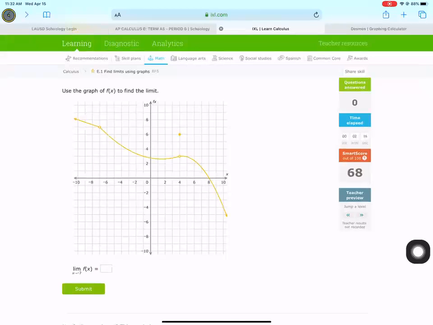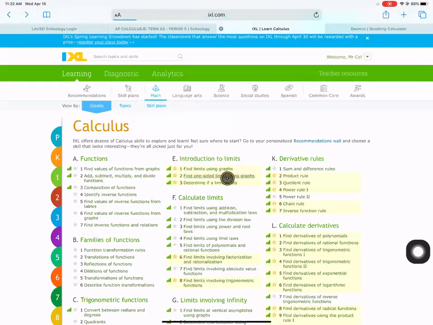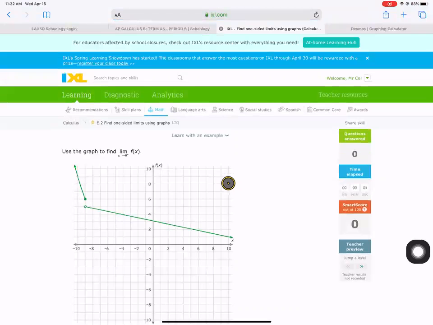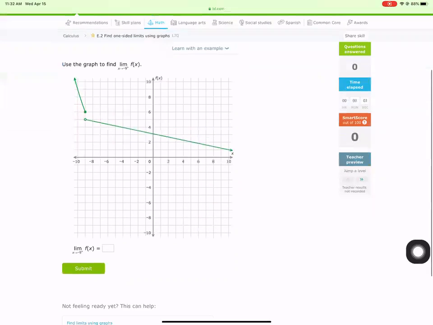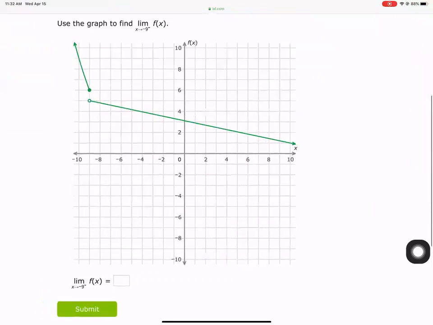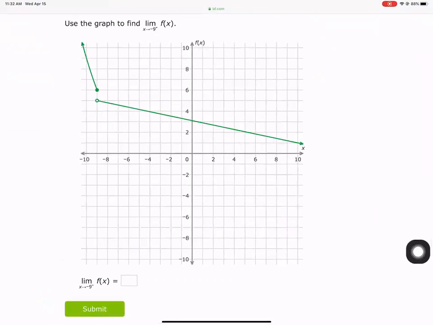Okay. Let's go through the one-sided limits. My question is asking, what's the limit as we approach -9 from which side, right or left? I see a little negative in an exponent. Naturally, would you think negative would be from the left or right?